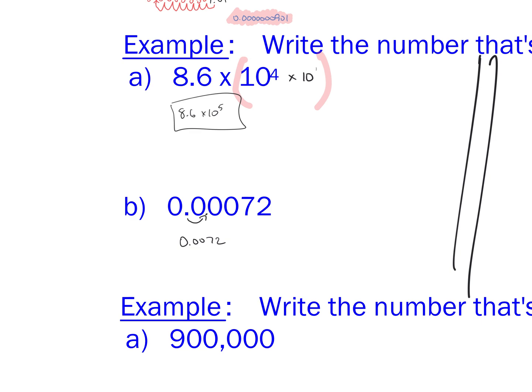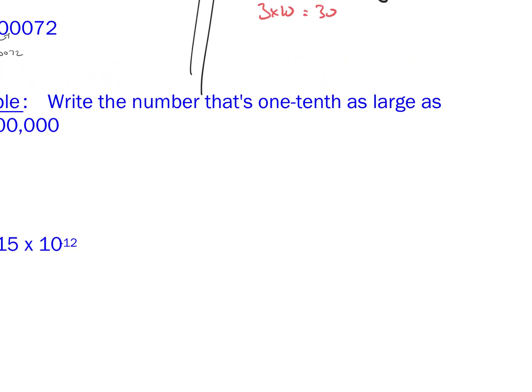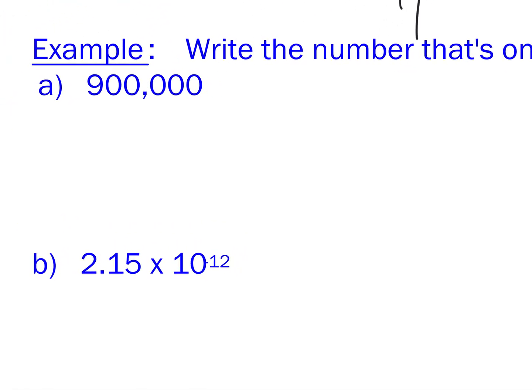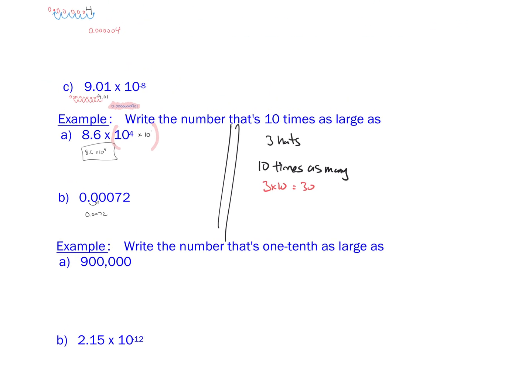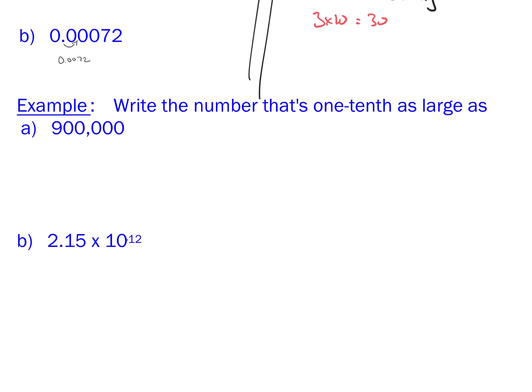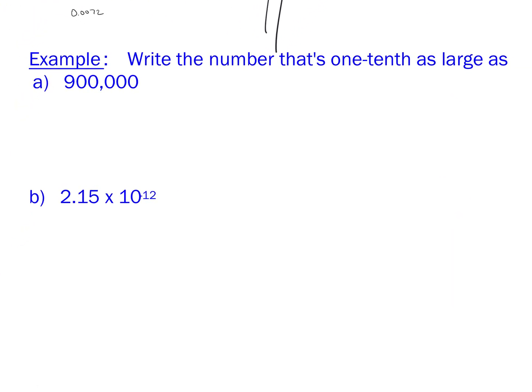Now we're going to look at finding the number that's 1/10 as large as. How do you think we're going to treat those numbers? When it was 10 times as large, we multiplied them by 10. When it's 1/10 as large, what do you think we might do?